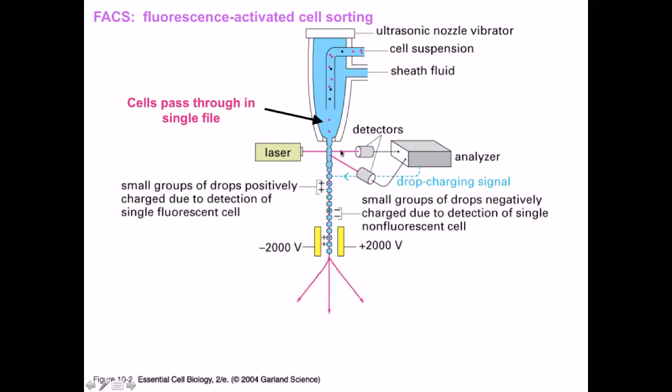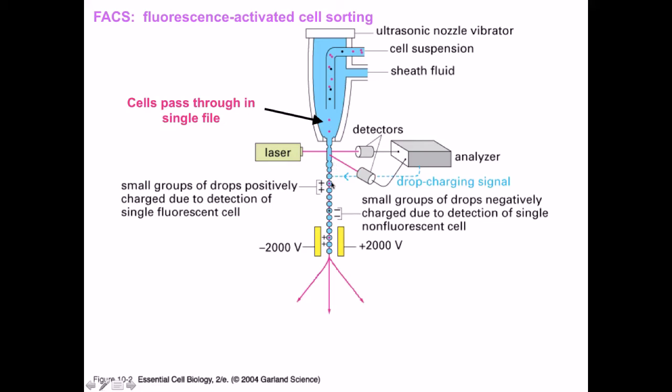Now, in the case of the sorters, the nozzle is vibrating by ultrasonic vibration, meaning that it's vibrating very, very fast. What that does is break the stream coming out of the nozzle into small droplets. Each droplet contains one cell.